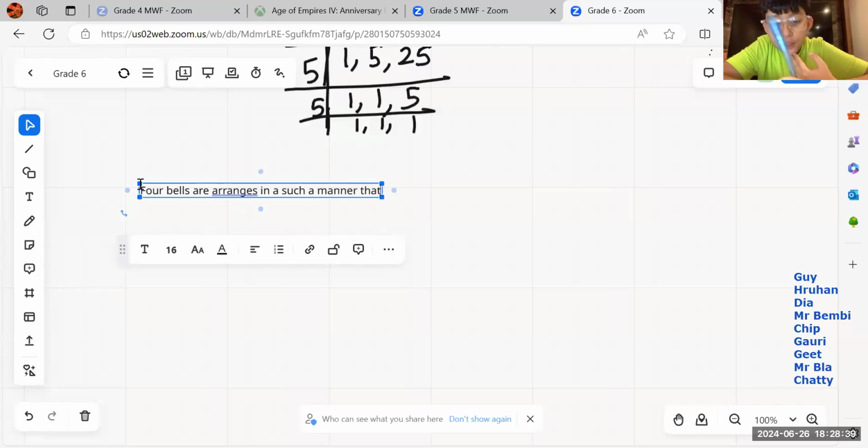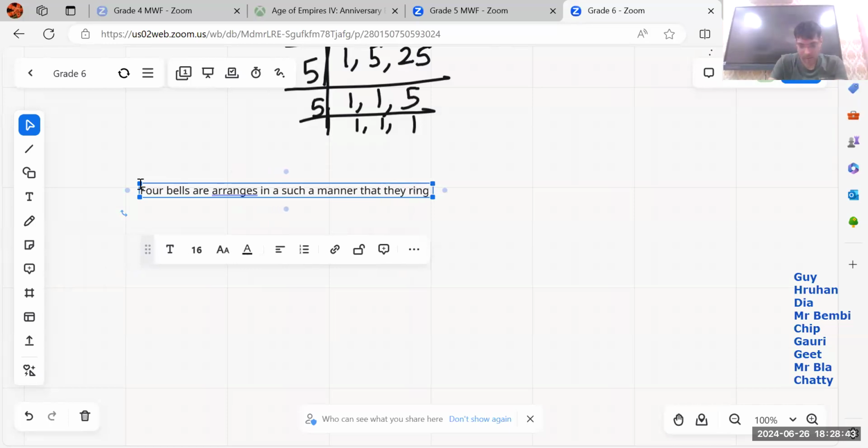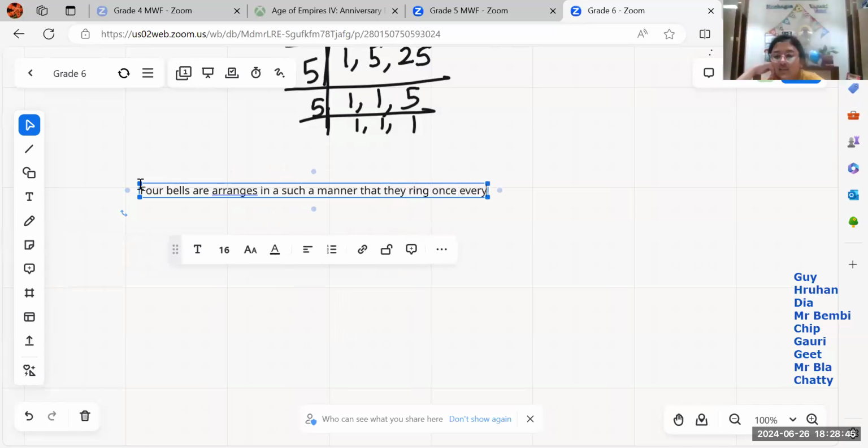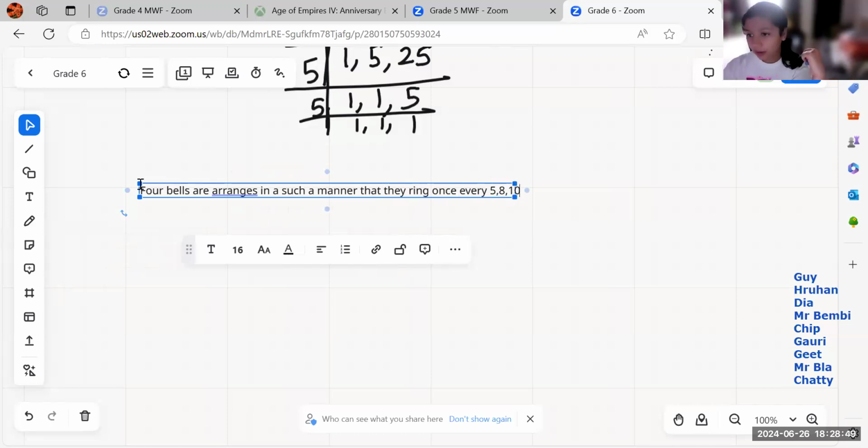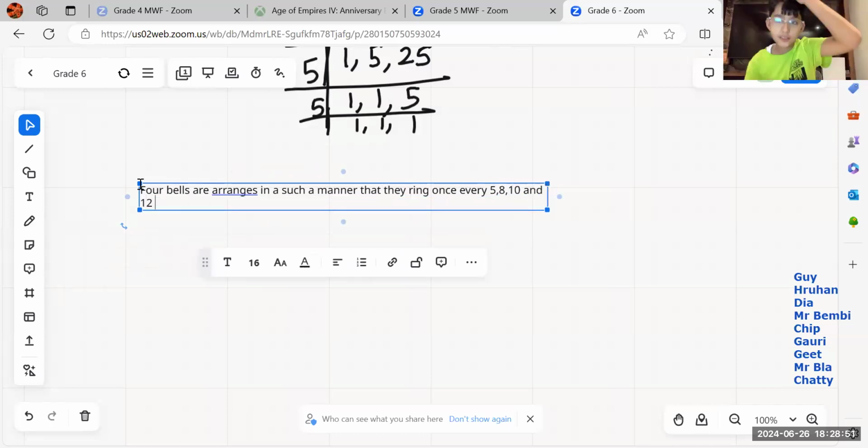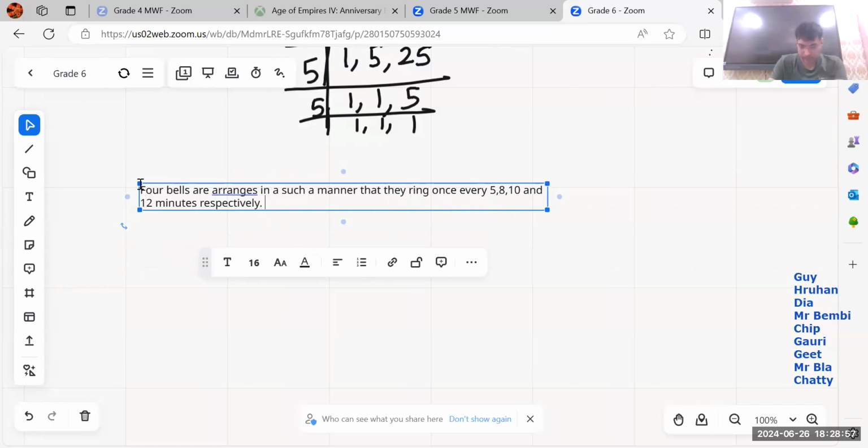So did you watch India versus Australia? Who won? India. They were going to lose. India won by 24 runs, and tomorrow we have a semi-final against England. When was the match?